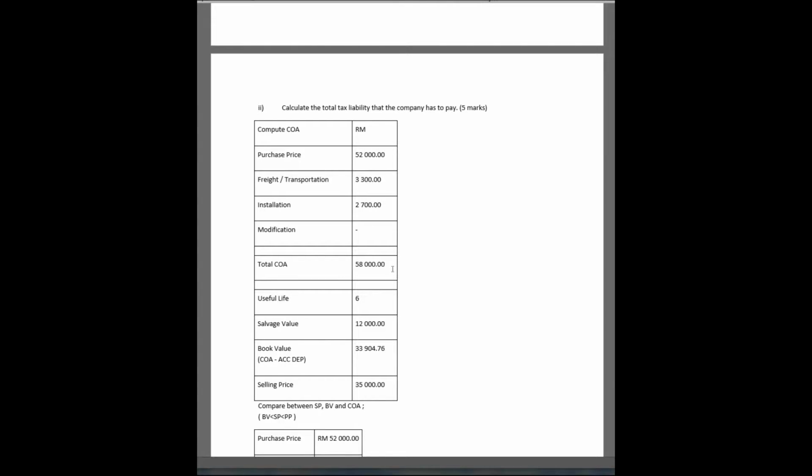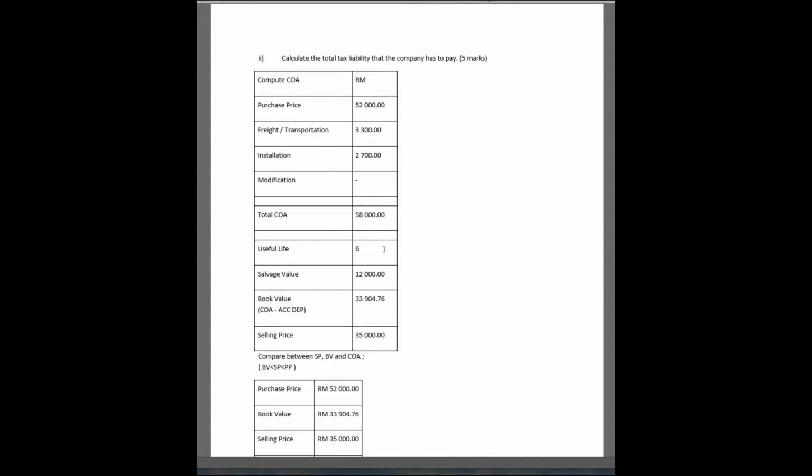Useful life is 6 years. Salvage value is 12,000 ringgit, and book value is 33,904 ringgit 76 cents. Selling price is 35,000 ringgit.